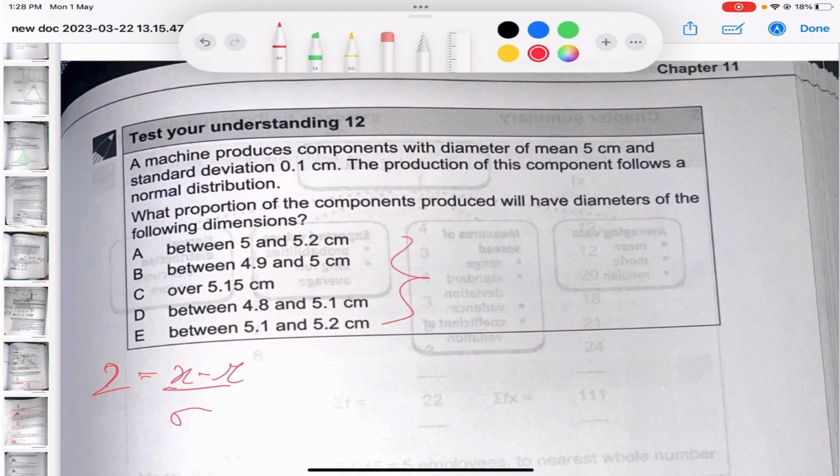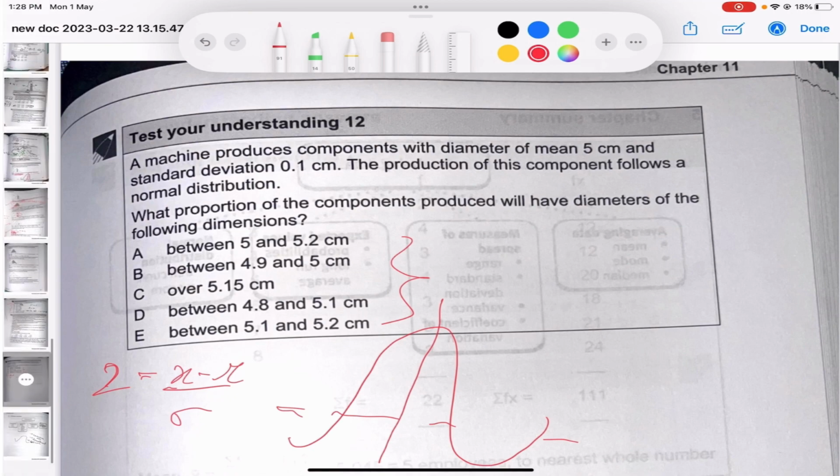So I hope you can do that also by yourself. In case you can't, then always make your bell curve and mean over here and try to depict it visually in order to solve the questions. I'm not solving these questions because they're extremely simple, but if many of you have doubts in how to solve these questions, then please drop a comment below, then I will make a video solving these questions for you.